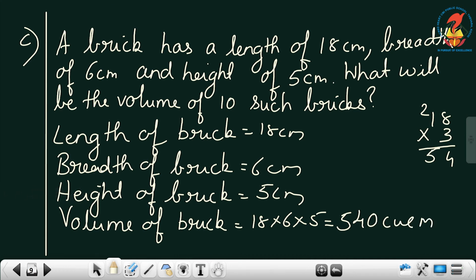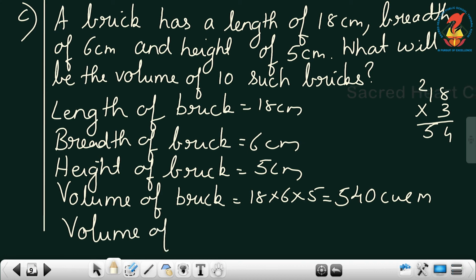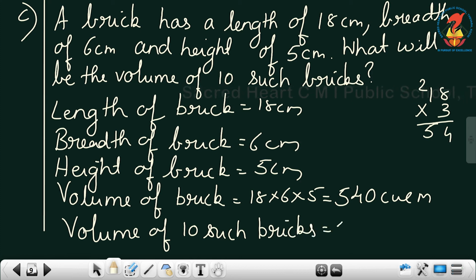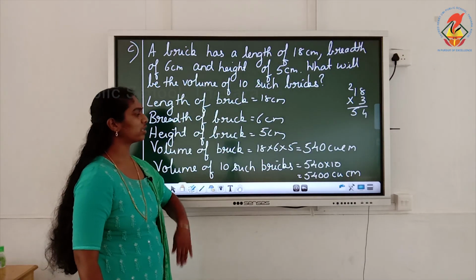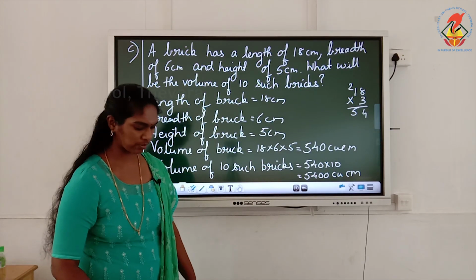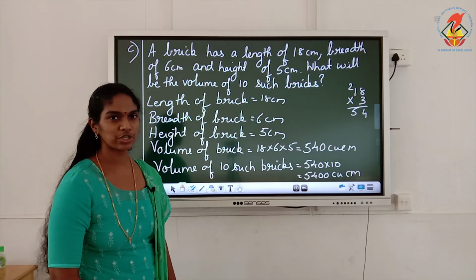So what is the volume of 10 such bricks? What do you have to do children? You need to multiply 540 into 10. You get the answer as 5400 cubic centimeter. Okay. So just find the volume of 1 and then multiply by 10 to get the volume of 10 such bricks. Understood?